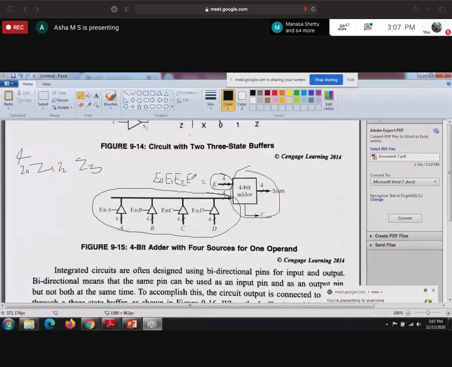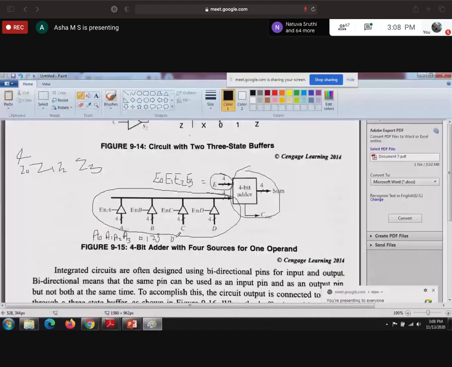Okay. So this is constant. The first input is constant. Similarly, under A, I will be having A0, A1, A2, A3. Okay. So under B also I will be having 0, 1, 2, 3.